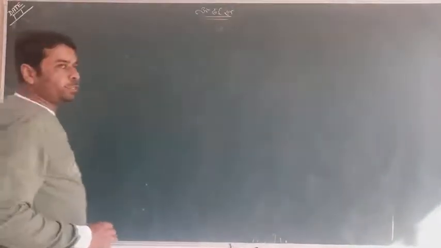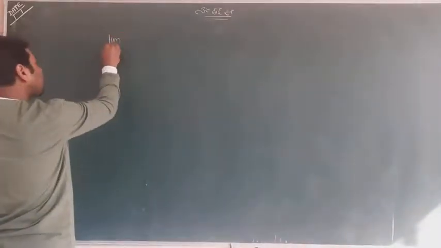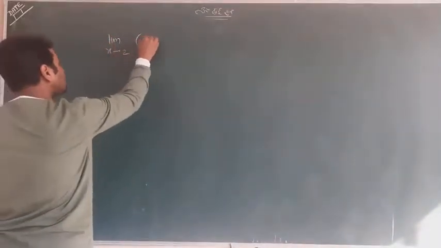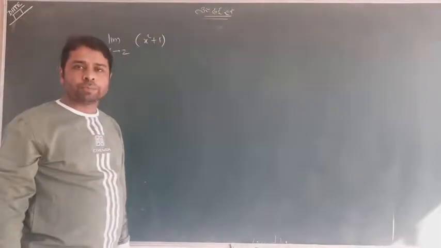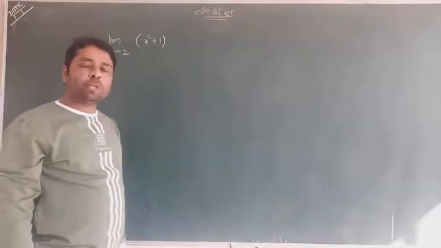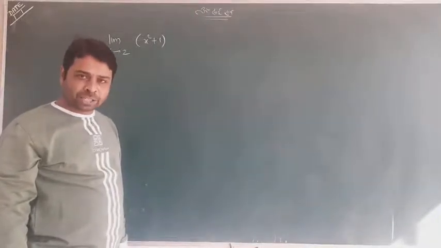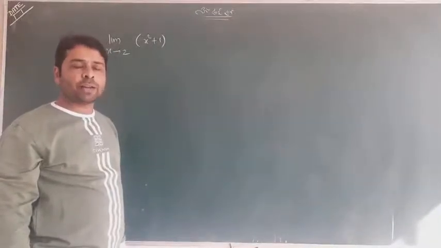Now slowly I tell you some good things. We have come to know that if you have a question like x tends to 2, x square plus 1, what is its answer? If you are told to find or show the existence, you will take the right hand limit and left hand limit.